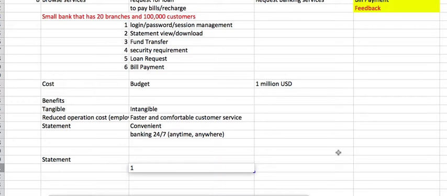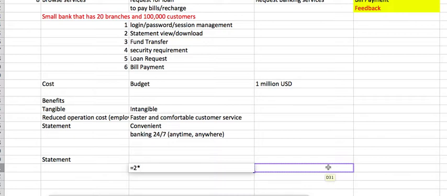And what are the courier charges? Courier charges are around another $1. So we can consider $2, correct? $2 is a cost. And how many customers can opt for online statement? Yes, passbook printing also.